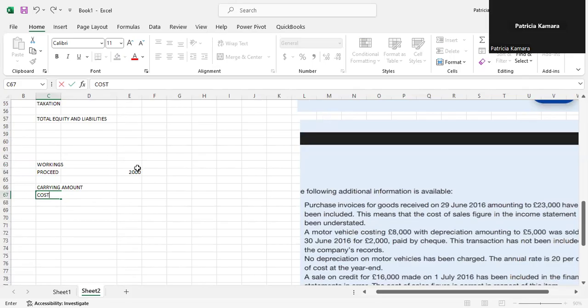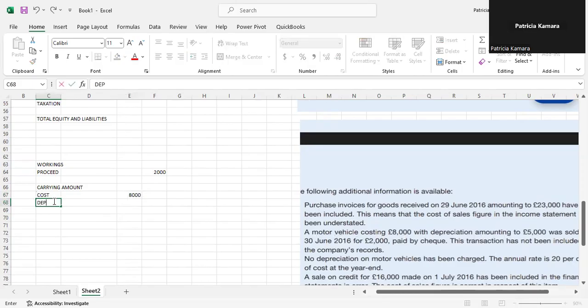So let me bring this here. The question says that the item had a cost of 8,000. So we have 8,000 here. And then with depreciation amounting to £5,000.